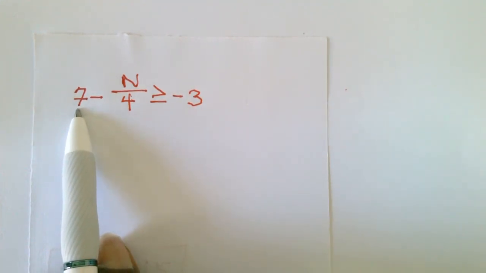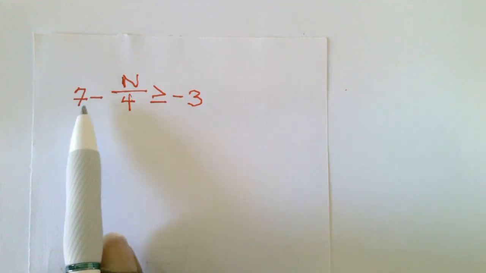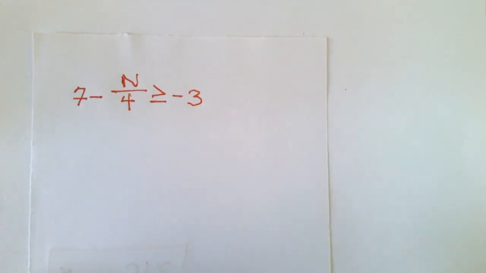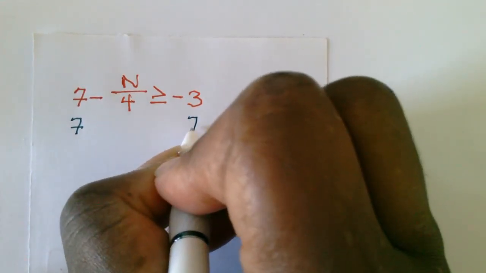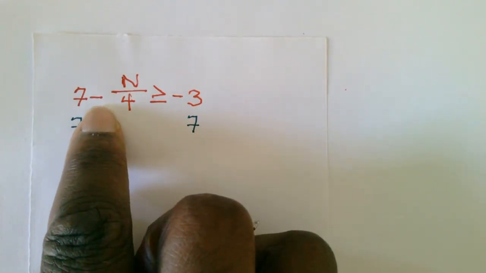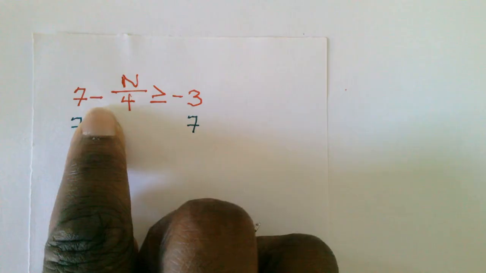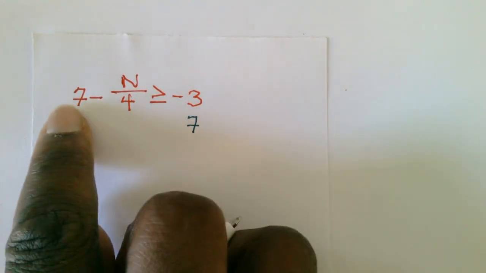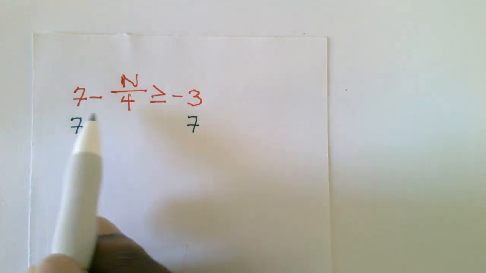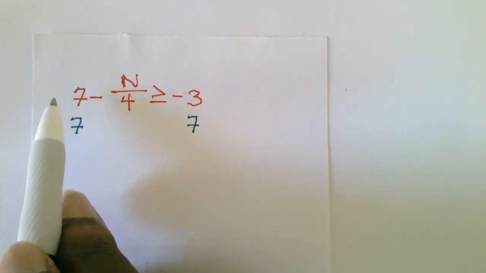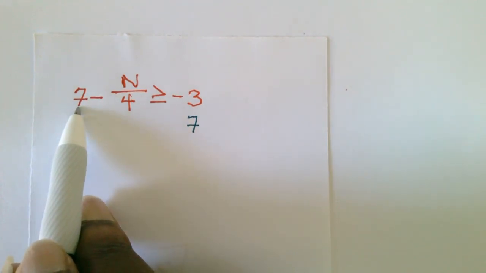They would say, oh, here's a 7, oh, there's a minus sign, so that means this is a -7, so I'm going to add 7 to both sides. No. Because once we start going into solving, this minus sign is a negative for the n over 4, not the 7. Signage is always in front or to the left of the number. So this is a positive 7.